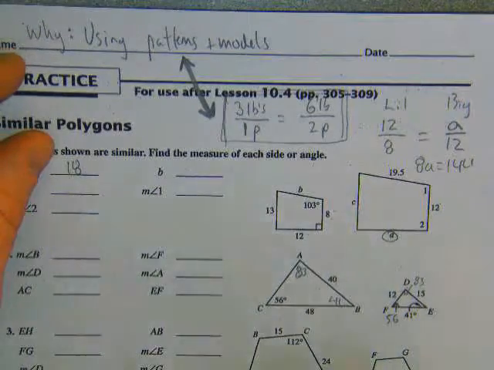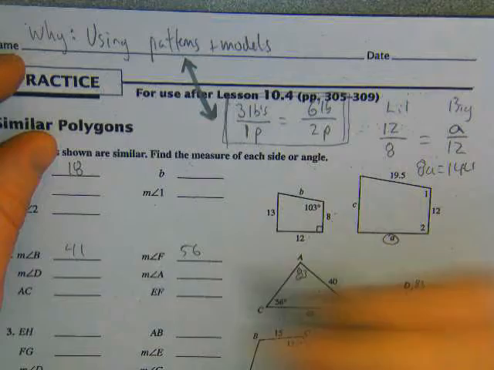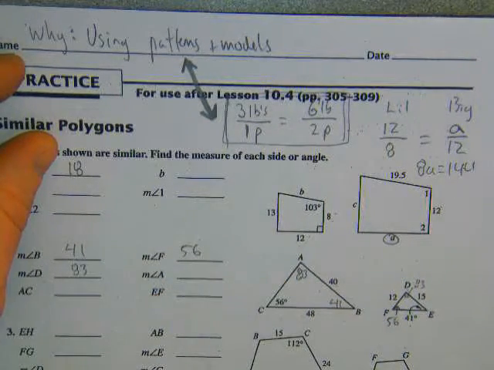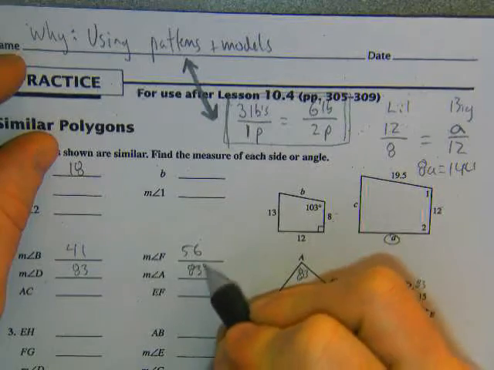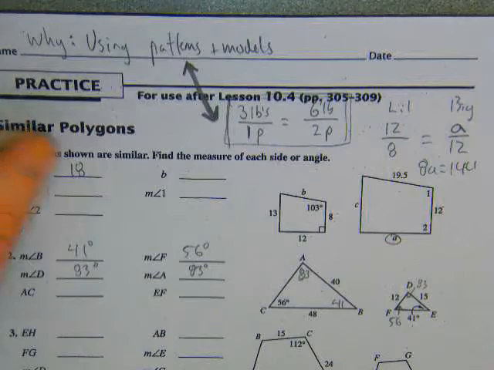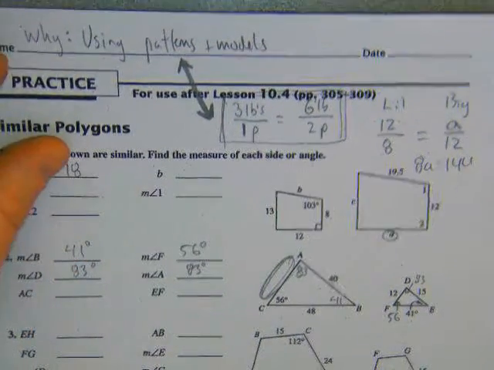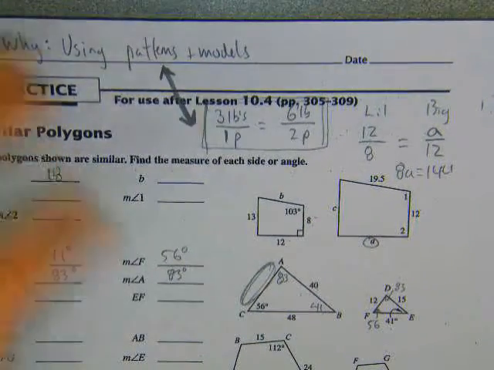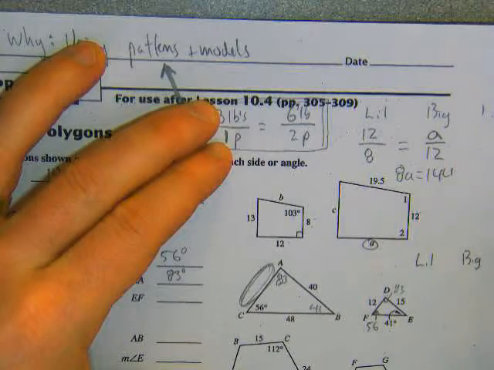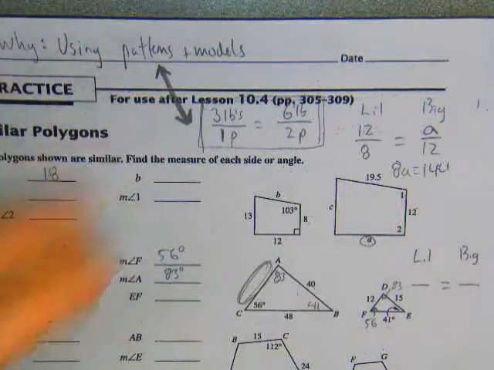B is 41, F is 56, D is 83, A is 83. Those are all degrees. Alright, AC. We don't know. Same thing, little and big. Start with that. There's our framework.